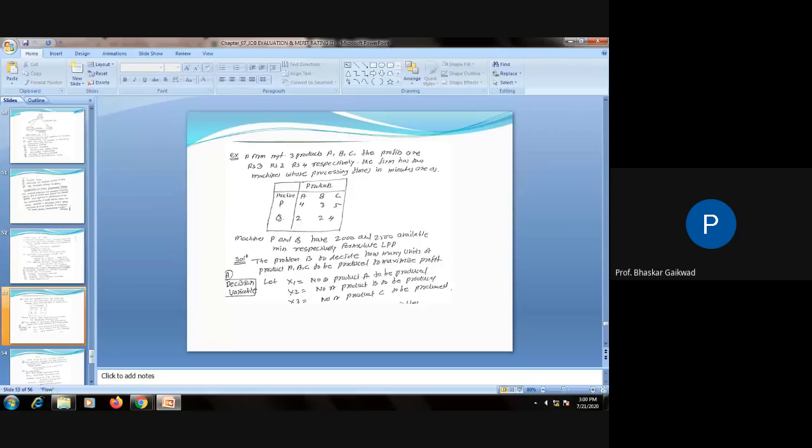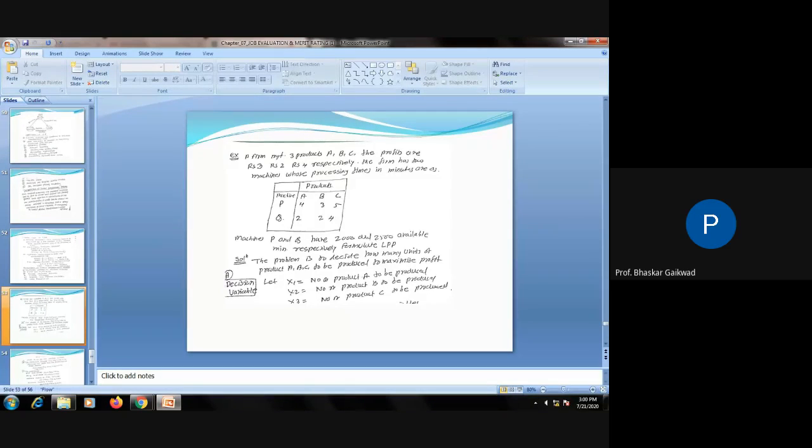Now we go to one numerical problem, and after that we'll go to the next thing related to linear programming. Now here a firm is manufacturing three products. One firm is there, one industry is there, and that industry is manufacturing three products A, B, C. Profits are rupees 3, rupees 2, rupees 4 respectively.